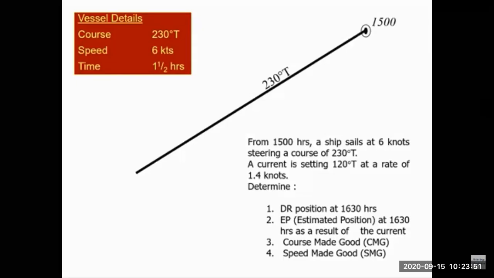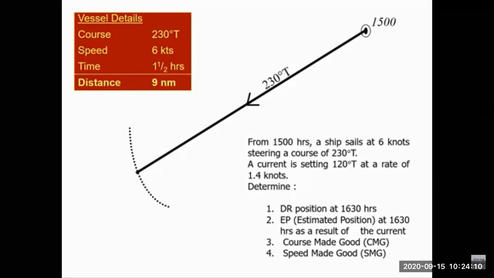From 1500 hours, we plot 230 by your compass and then you mark an arc of 9 miles. You can take the scale, 1 centimeter equals 1 mile, depending on the size of your paper, and you mark 9 miles distance.